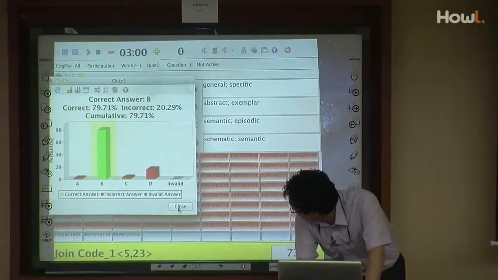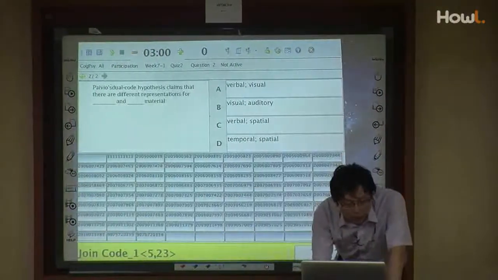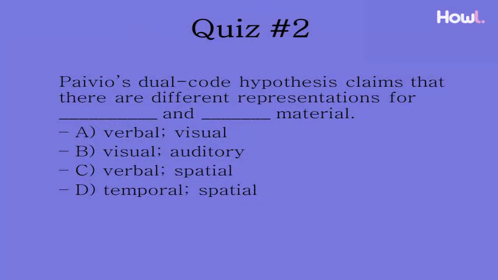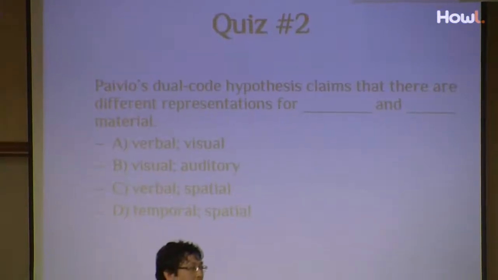The second question is very relevant to today's lecture. Of course, you can find the answer from last week's lecture. This one, quiz 2: Paivio's dual code hypothesis. Do you know what the dual code hypothesis is? Based on Paivio, we can represent knowledge in two different formats.